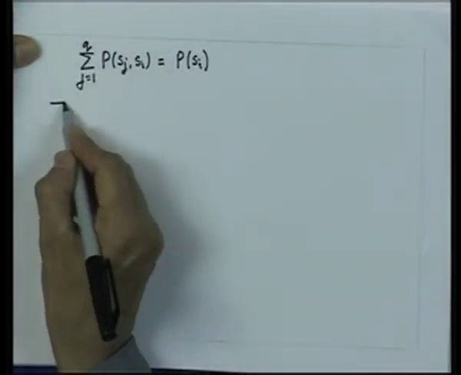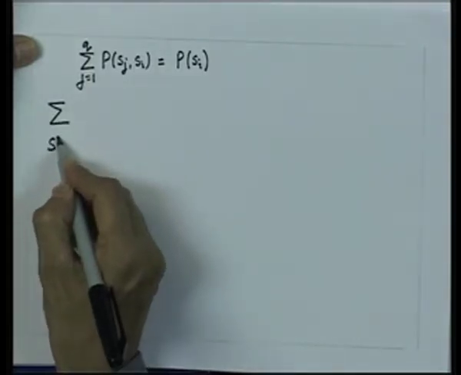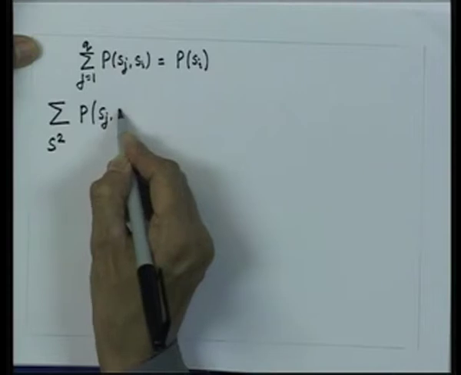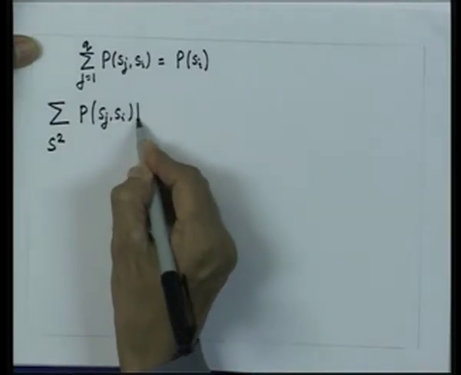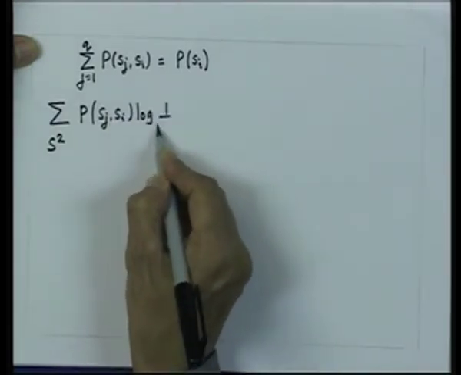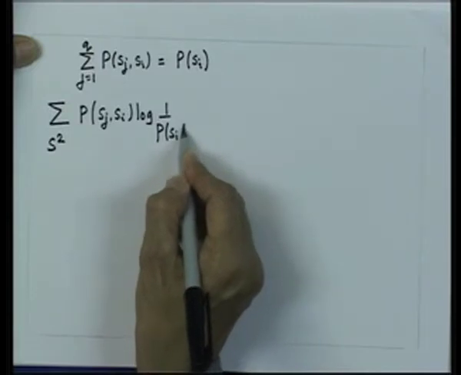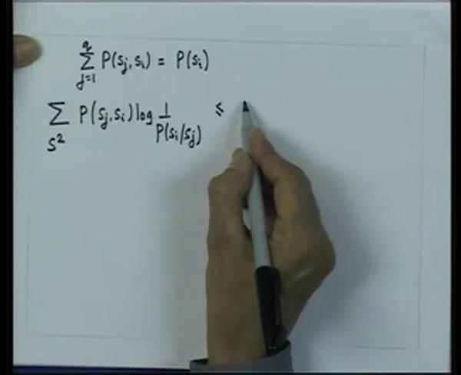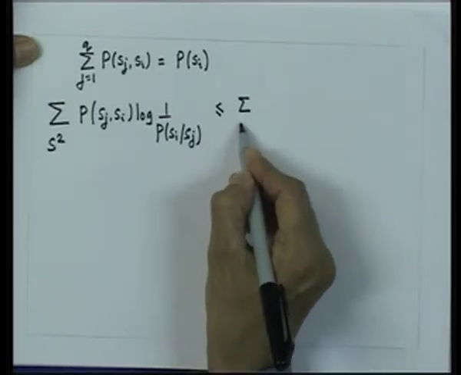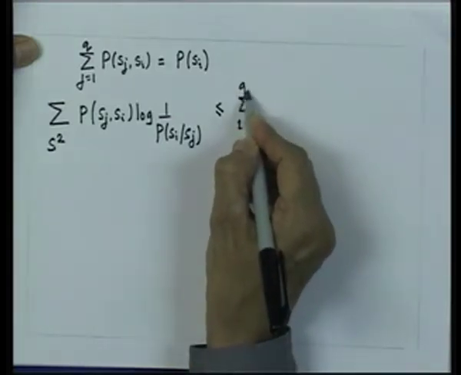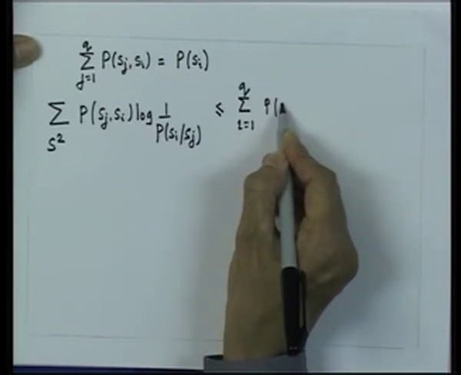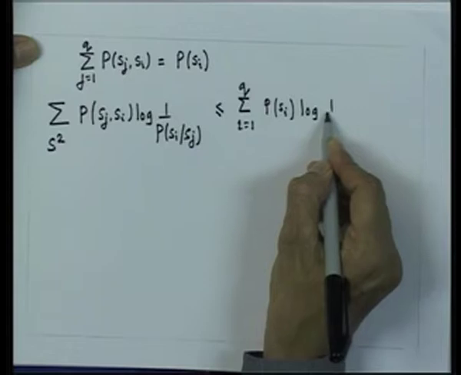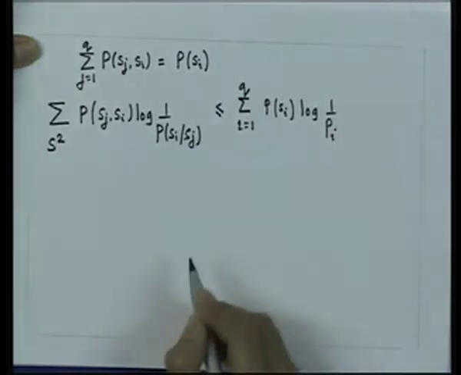So, finally, what I get is summation over i equal to 1 to q of probability of S i log of 1 by Pi.